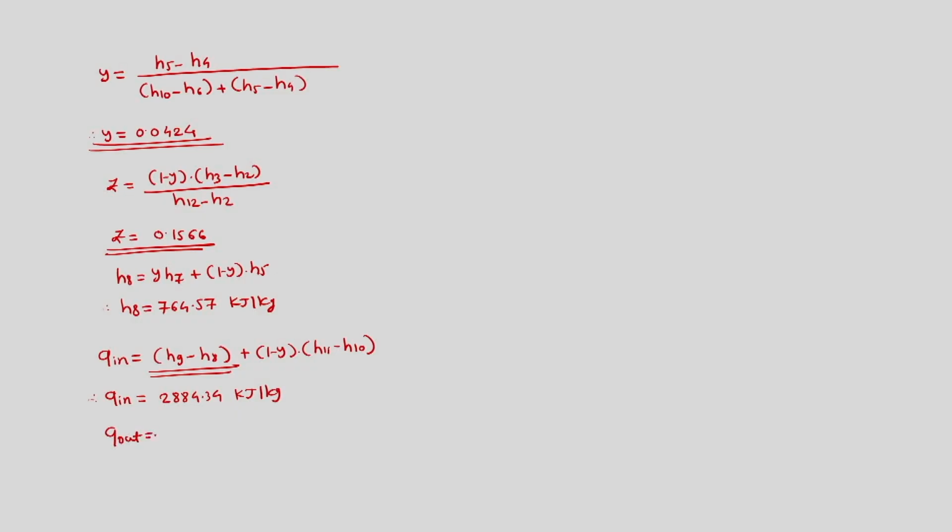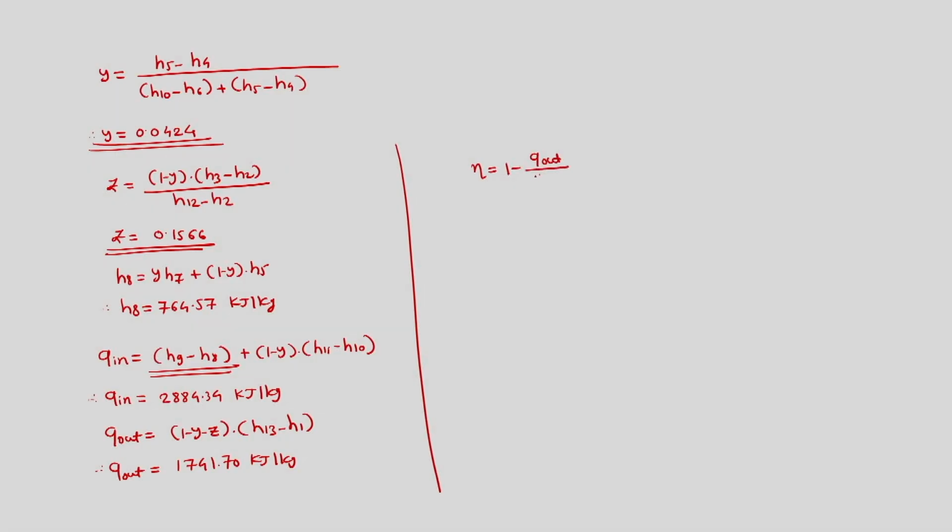We can find out Q out, which is (1 - y - z) into (h13 - h1), and we get Q out as 1741.70 kilojoule per kg. This gives us an efficiency, which is 1 minus Q out upon Q in.